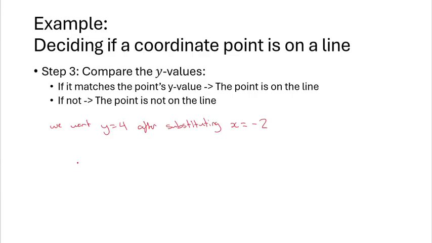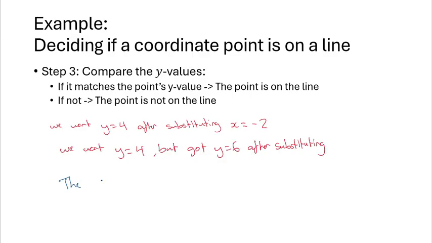So that means, because the y values are different, since we want y equals 4 but got y equals 6 after substituting, the point -2, 4 is not on the line y equals 2x plus 10.